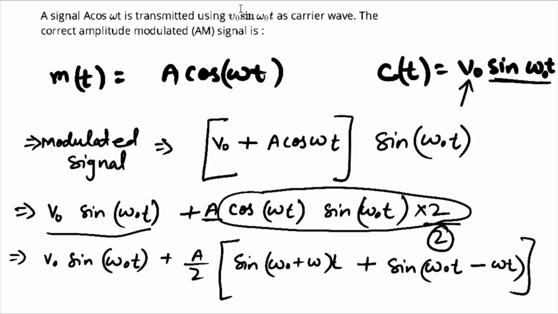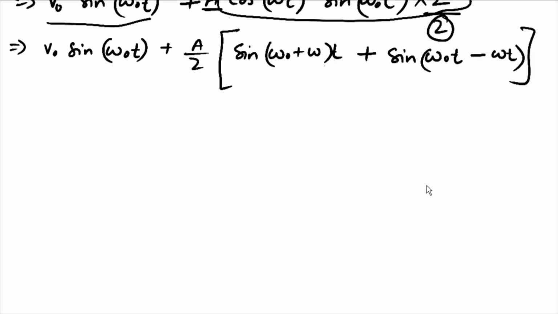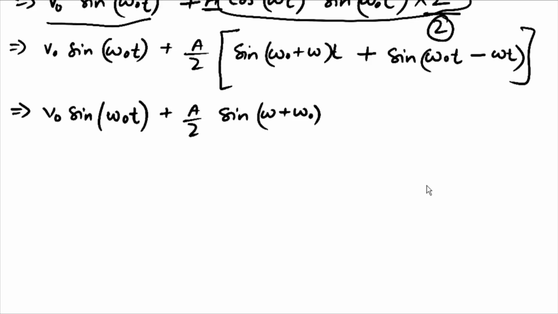And basically we can see that it will be further calculated as V naught sine of omega naught t plus A by 2 sine of omega naught plus omega t plus sine of omega naught minus omega into t.